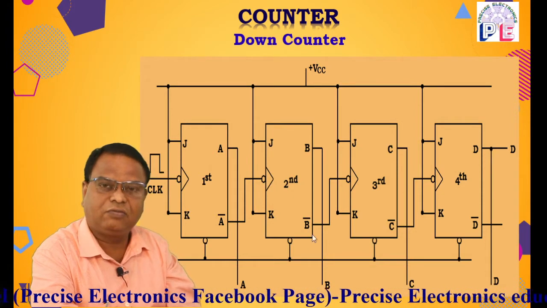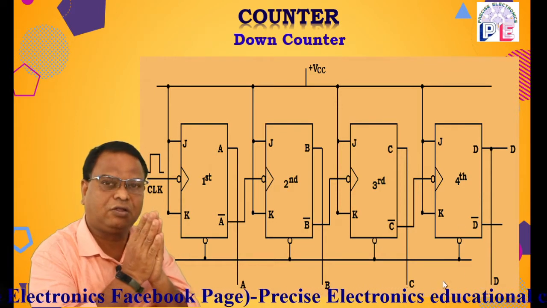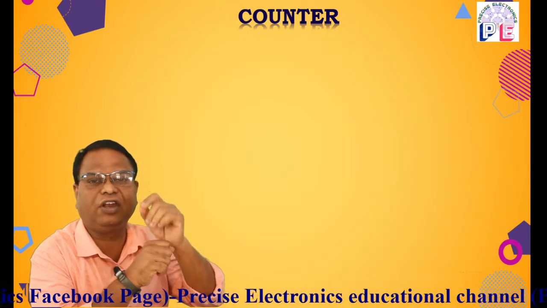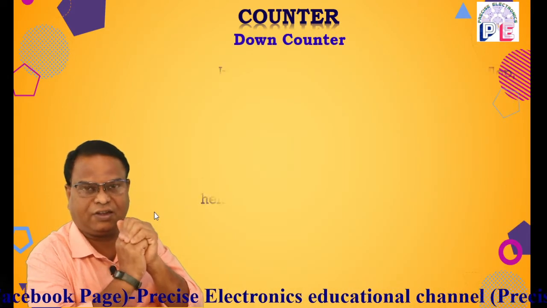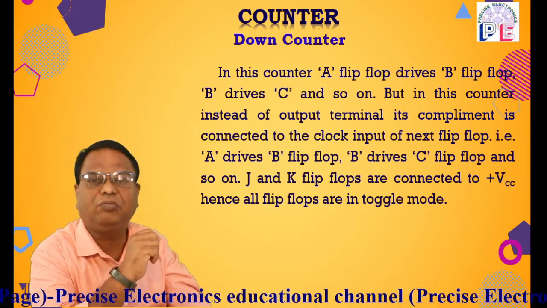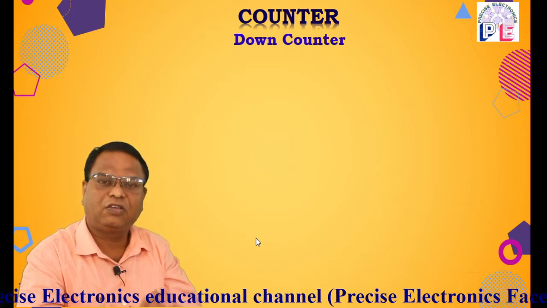In this case, all flip-flops are preset, so obviously a preset pulse is used. It is a negative preset, because the bubble indicates that. So by giving a preset pulse, before applying any clock pulse, all flip-flops are in set mode.